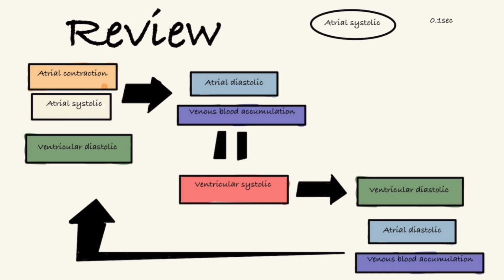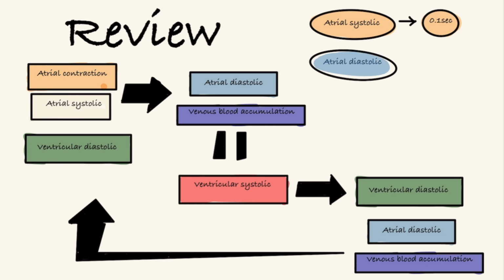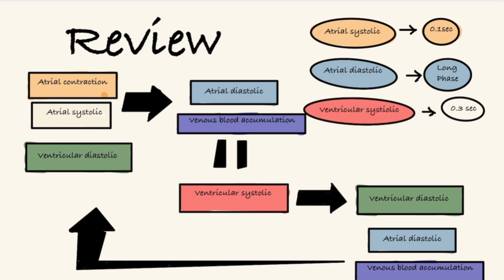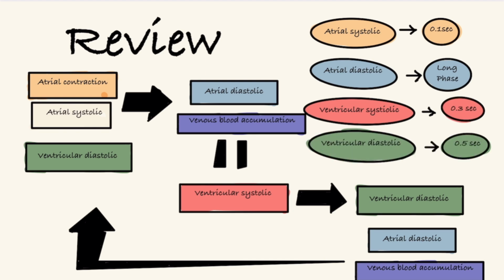When the heart beats at 72 BPM, atrial systole lasts approximately 0.1 seconds, while atrial diastole is significantly longer. Ventricular systole lasts around 0.3 seconds, while ventricular diastole lasts about 0.5 seconds.